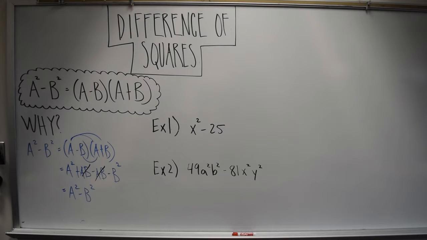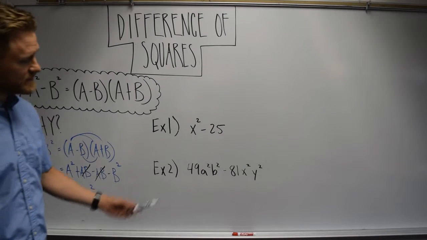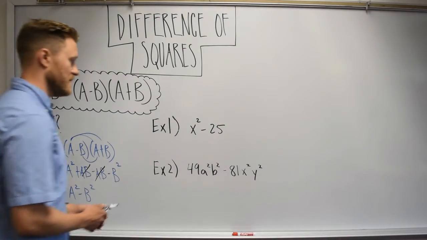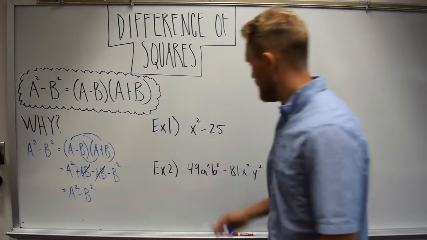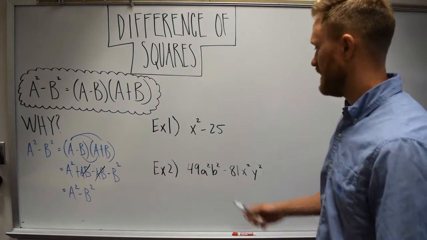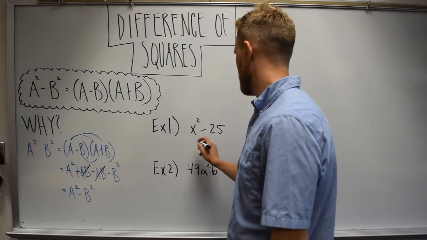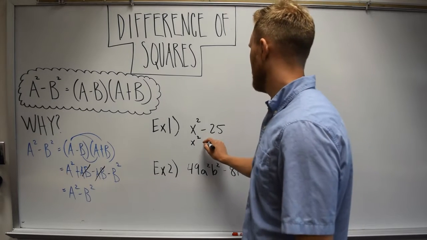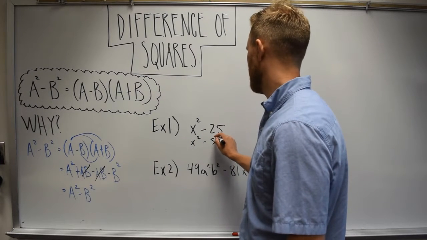There's another way to factor a difference of squares without knowing the formula. We'll save that for a different video. Now we're just going to apply it to these two examples. If I look at this one, x squared minus 25, I already have a square, so my a squared is going to be x squared. 25, I can write as 5 squared.